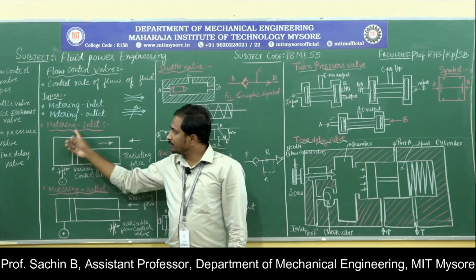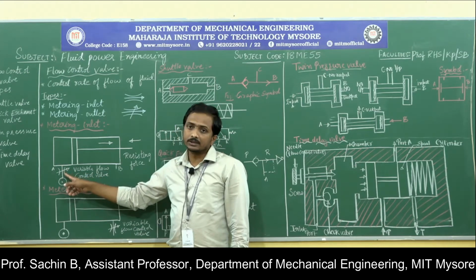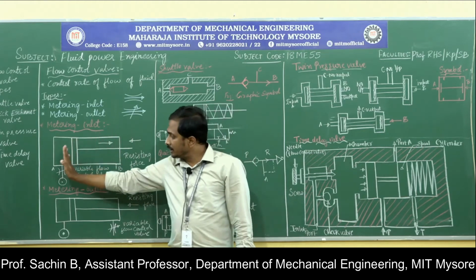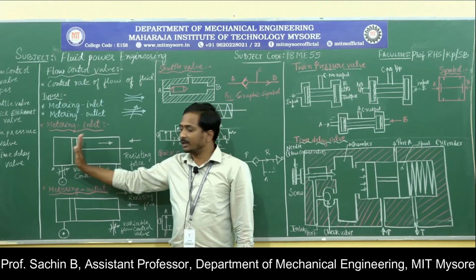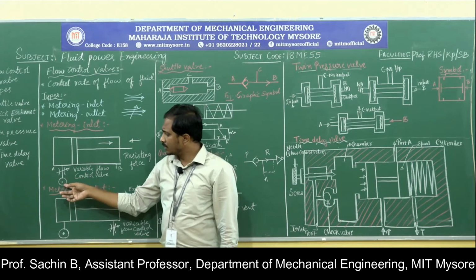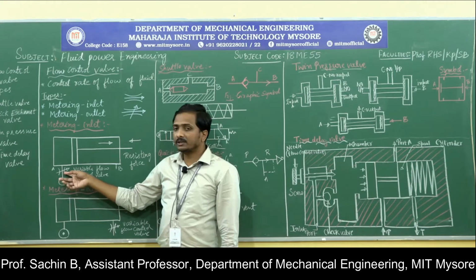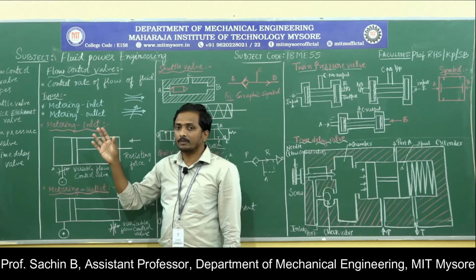Here it is a metering inlet type of flow control valve. I am attaching this variable flow control valve at the inlet, which means we are controlling the inlet flow of the fluid getting into the cylinder. Once I allow the flow of fluid from the pump to the valve, the variable flow control valve gets adjusted to the required amount of flow for the application.